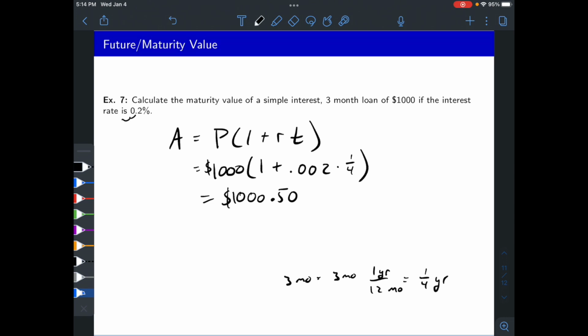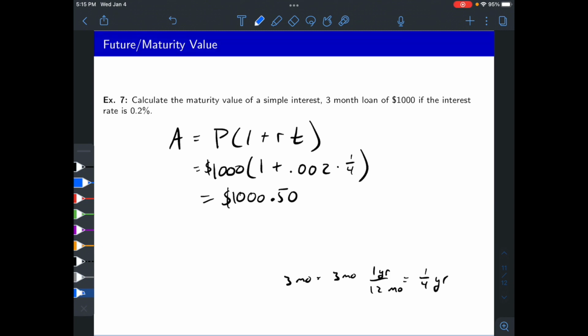So it should probably make sense that this is very little interest. We're only making 50 cents of interest. An interest rate of 0.2% is super small. Let's develop a little bit of number sense here too.